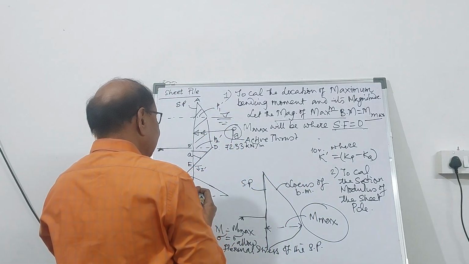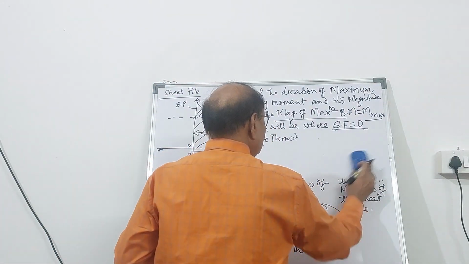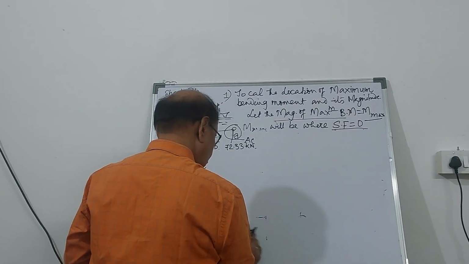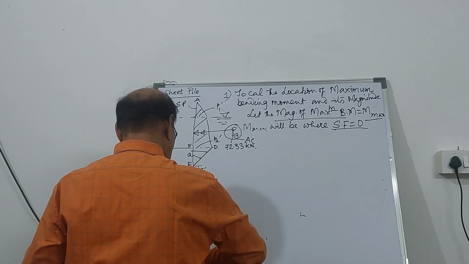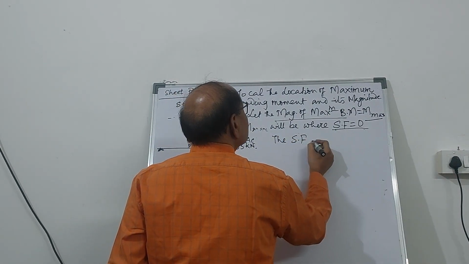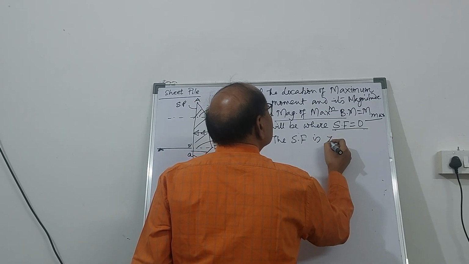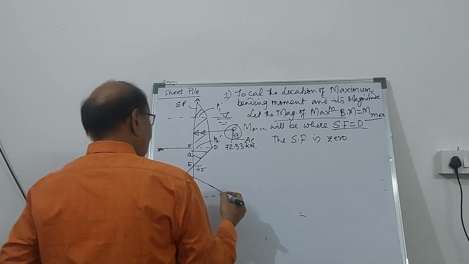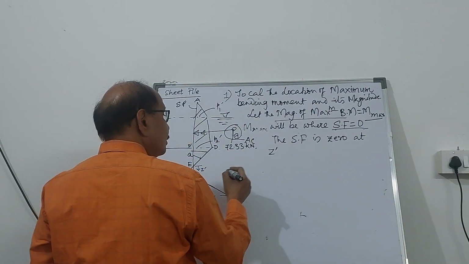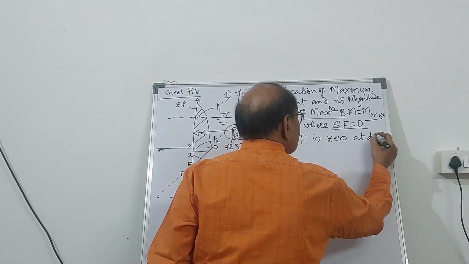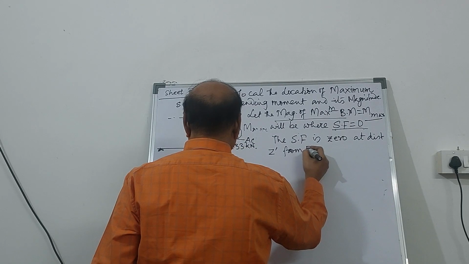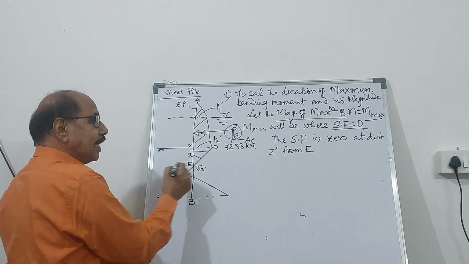So let us say the shear force is 0 at Z prime, at distance Z prime from E, as shown in the diagram.